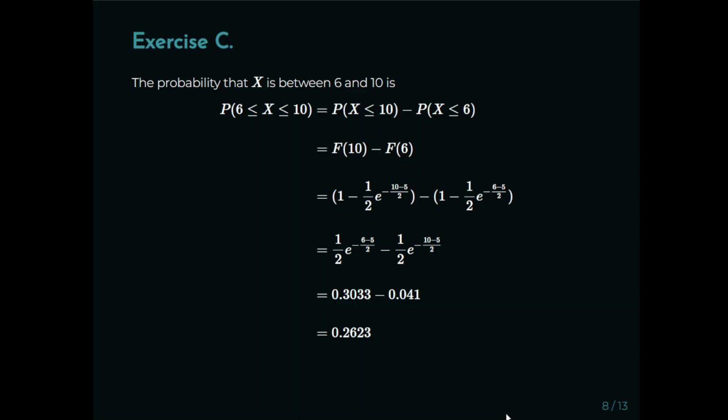That works out to be 0.3033 minus 0.041, which is 0.2623, essentially 26.23%. Nothing really major there. Just watch out when you're going from the third line to the fourth line, where those 1 minuses get taken out.